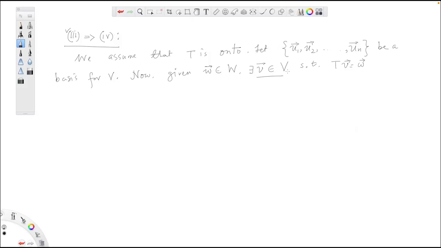There always exists such a vector since T is onto, according to the hypothesis.